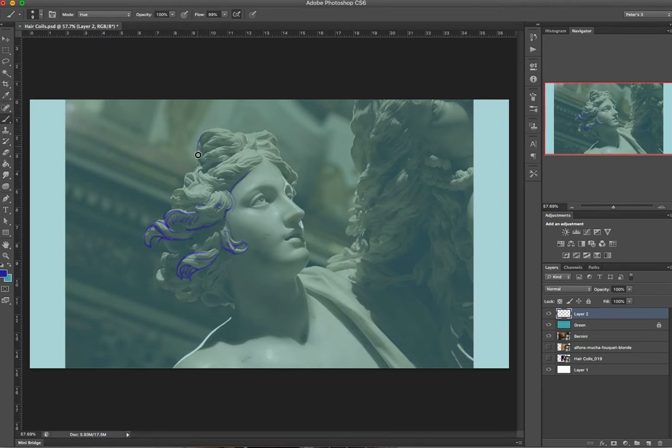But the overall shape of the head is always well defined. It's always simplified. Keep that in mind, that the overall shape should be unified.